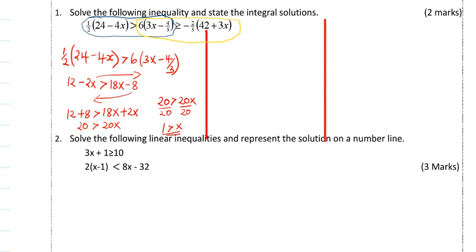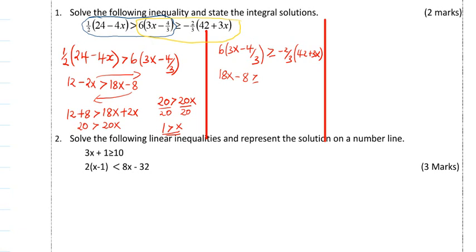We go to the other inequality, which is 6 into bracket 3x minus 4 over 3, which is greater than or equal to negative 2 over 3 into bracket 42 plus 3x. 3x multiplied by 6 is 18x, minus 4 over 3 multiplied by 6 is 8, greater than or equal to negative 2 over 3 multiplied by 42.